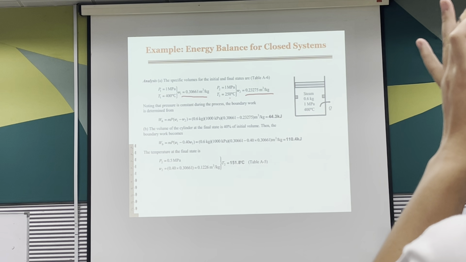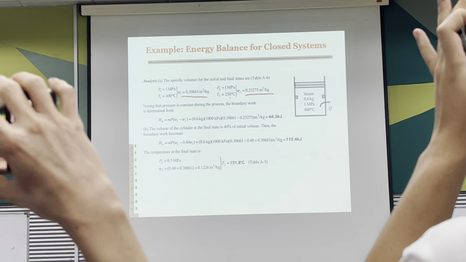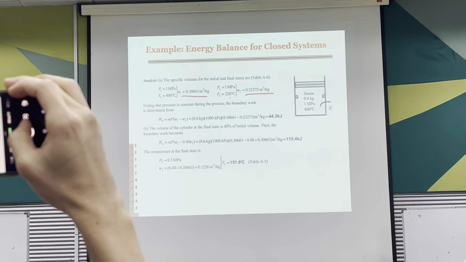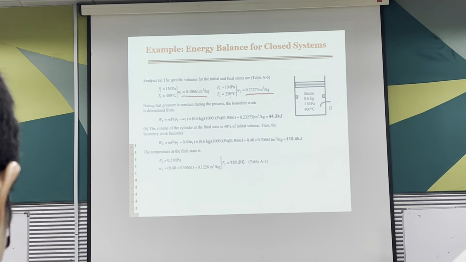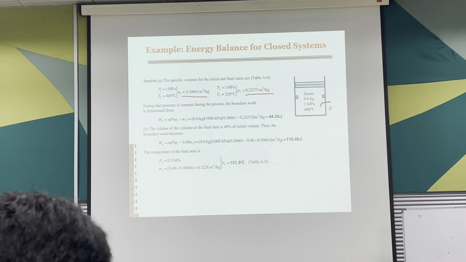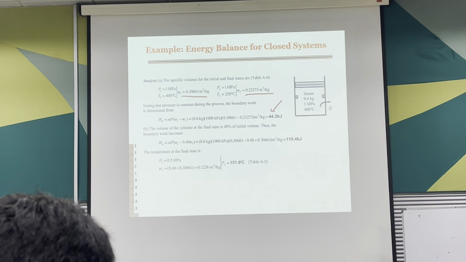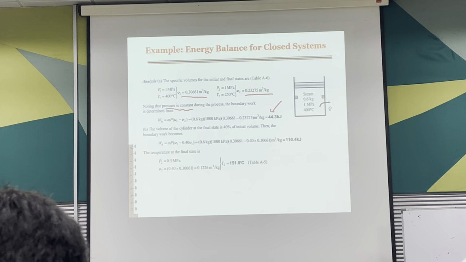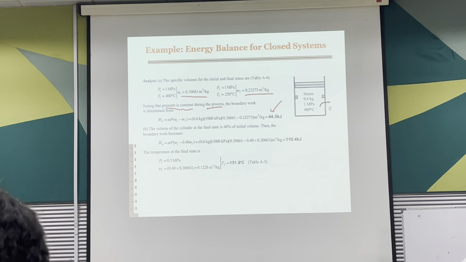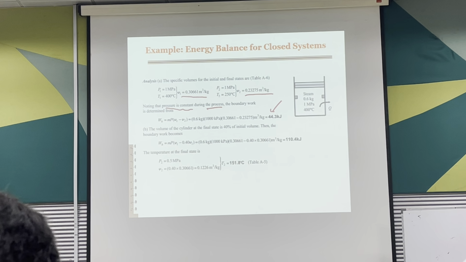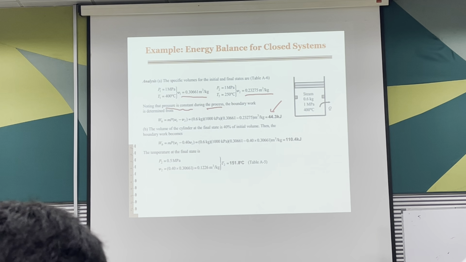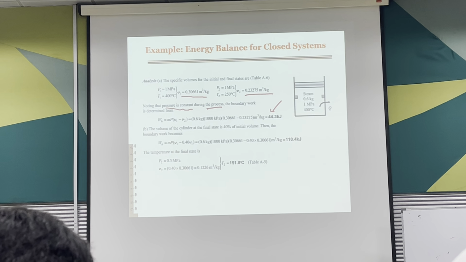So if they are in superheated state, then you go to the superheated table, look for pressure and temperature, look for the specific volume. So once you found the specific volume, for these two are the values, then boundary work, since this is an isobaric process, a constant pressure process, then the boundary work equation is simply mass multiplied by P delta V. So usually you will have an integral, but here since P is a constant, you can take out the integral.